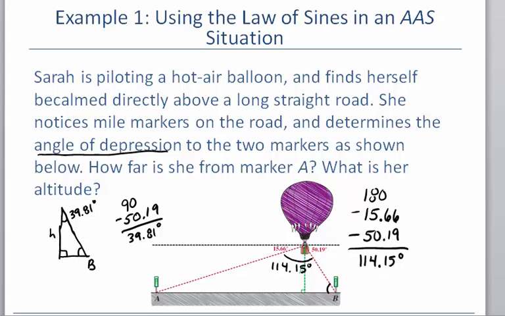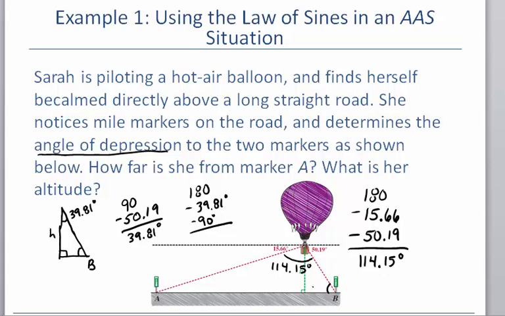Remember that the angles in a triangle add up to 180. So if we take our 180, which is the total, we take off the 39.81, which is the angle at the top, we take off the 90 degrees, which is the angle at the bottom left, then we should be left with the angle at the bottom right. And so that angle would be 50.19.